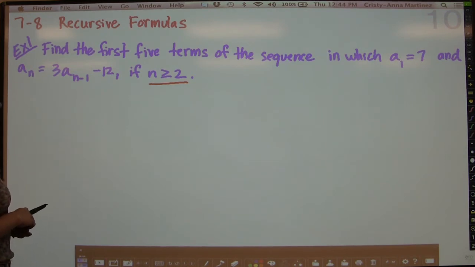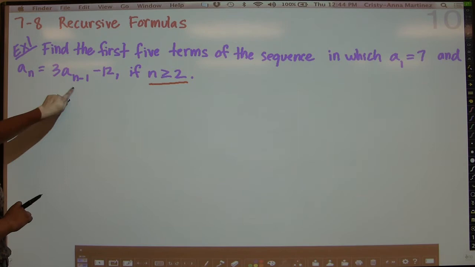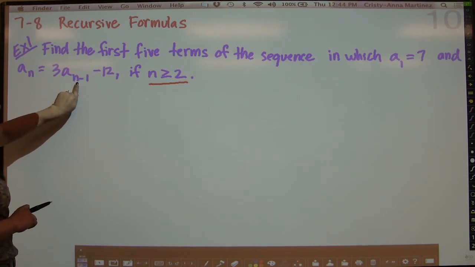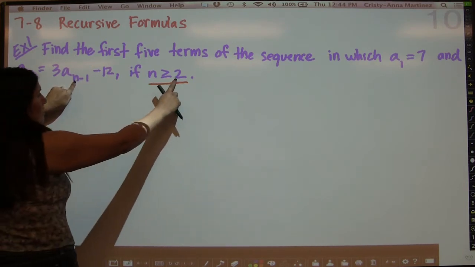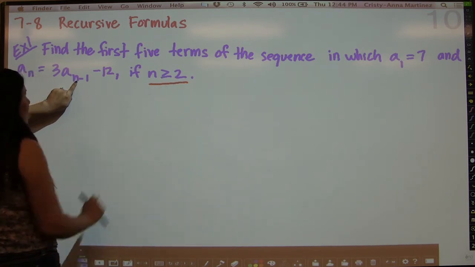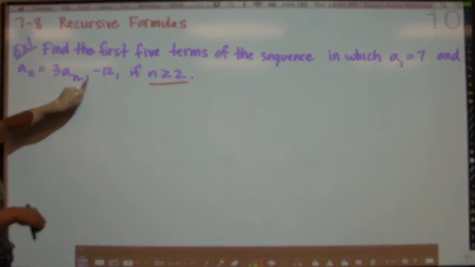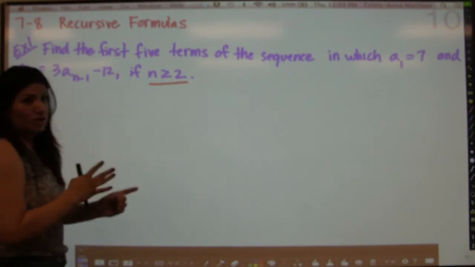Basically, if n was not greater than or equal to 2, then this wouldn't make any sense, because a sub n minus 1 just really means the n value minus 1. So if this n value is equal to 2, then you would get 2 minus 1, which would be 1, and that would be the first term.